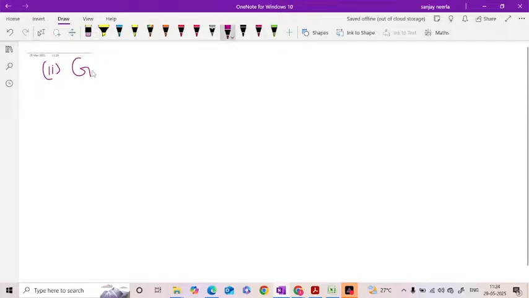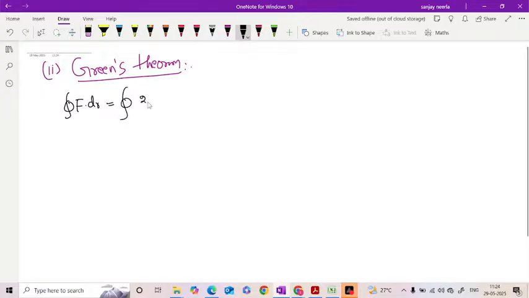Green's theorem. What is our line integral of F dot dr? It is equal to the line integral of 2x minus y into dx, minus y square z, yz square dy, minus z y square into dz.